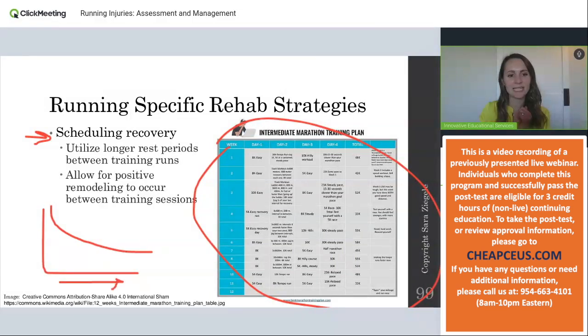We've got frequency and load. We're going to help them try and identify ways to decrease that frequency in order to keep it below the injury threshold. So it might mean that we're putting longer rest periods between training runs, or really trying to re-engineer the design of the program so that we're getting it to be effective.